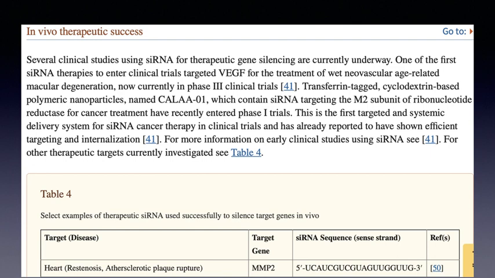Here it says that the clinical studies of using siRNA for therapeutic gene silencing are currently underway, and in this case, there was a successful case of siRNA transfer, which targeted VEGF for the treatment of wet neovascular age-related macular degeneration, which is basically when people get older, they start losing their sight.